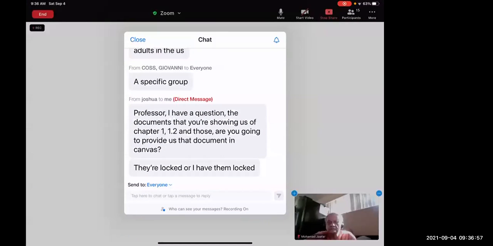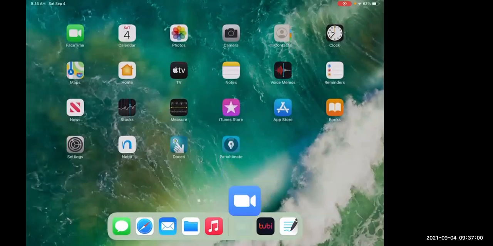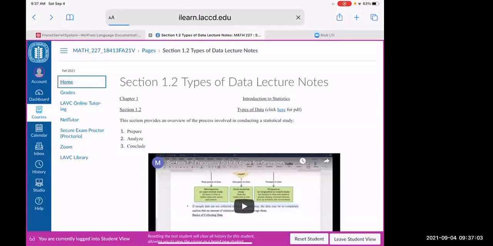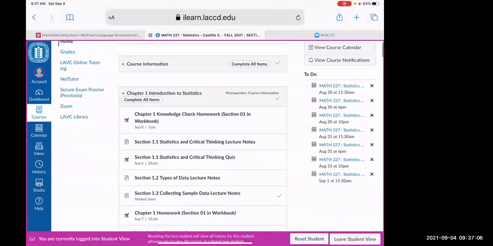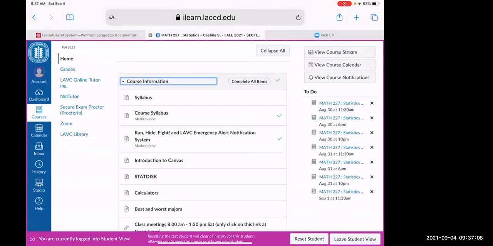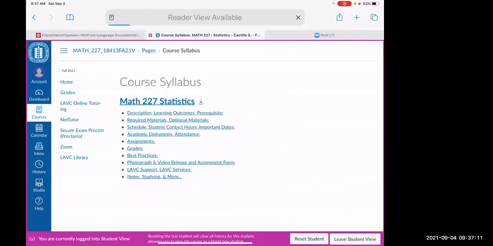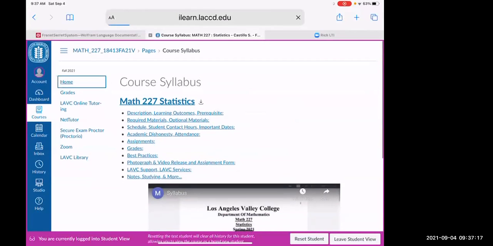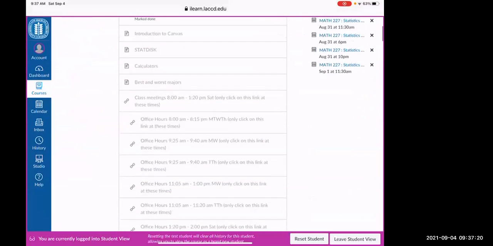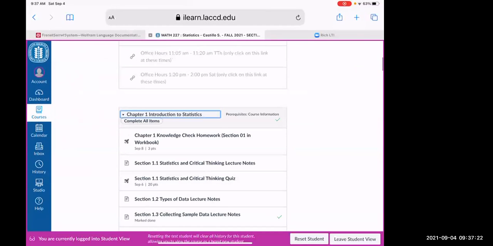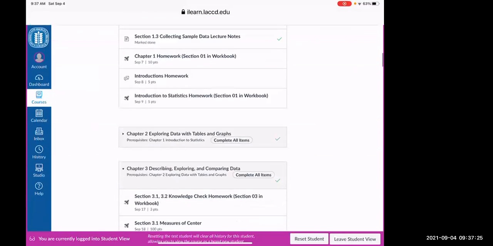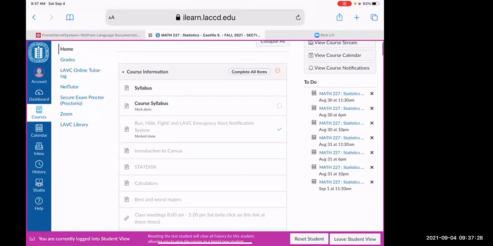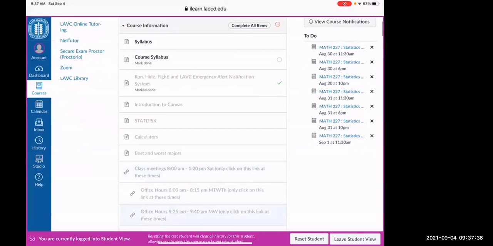They're locked. Oh, yes, so they are locked. If you see there's a prerequisite, you'd have to mark any of the prerequisites as done. If you don't, then yes, they are locked, and you can't look at these things.